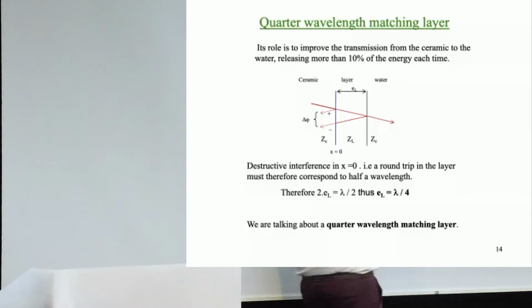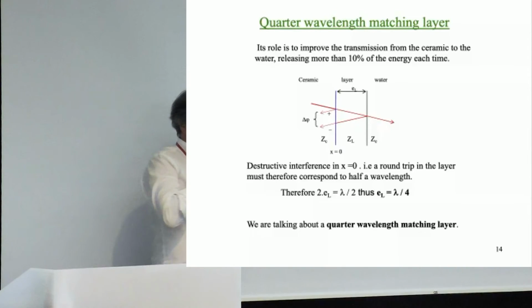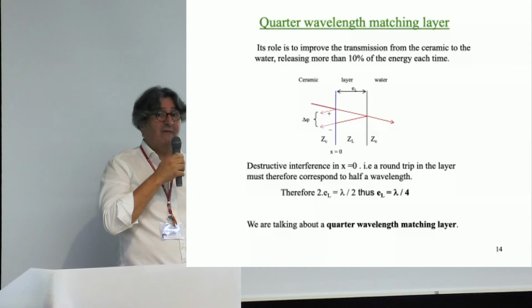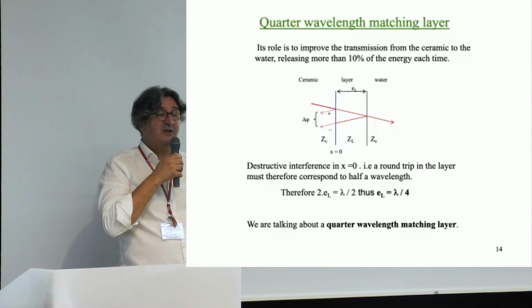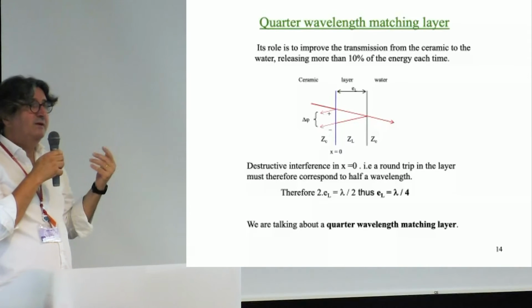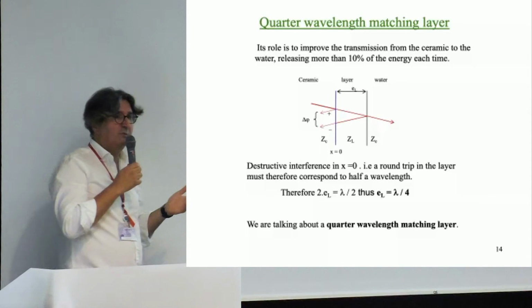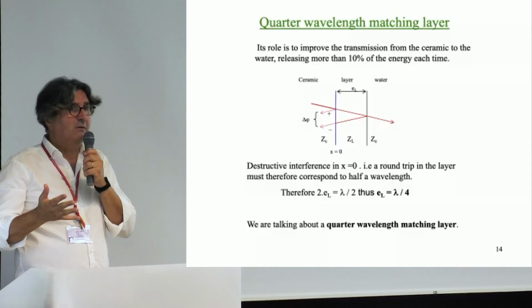So the round trip here, 2 times the thickness of your layer, has to be equal to half a wavelength. In this case, you will have opposite phase. And if lambda over 2 is equal to 2 times the thickness, it means that the thickness of your layer should be lambda over 4. So this is what we call a quarter wavelength layer.